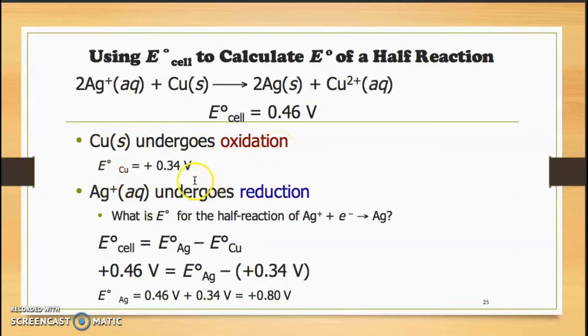This is the SRP for copper, positive 0.34 volt, and silver undergoes reduction. What is the SRP for the half reaction of silver? This is how you calculate the SRP for silver.